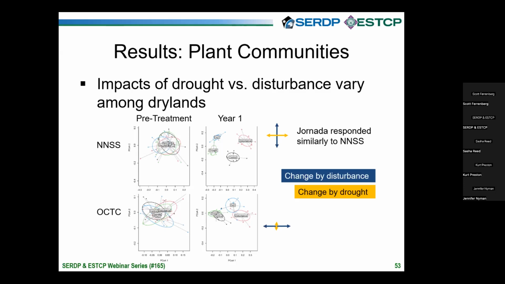We did this before we ever started our experiment, and I think I was running too fast to say this. The reason I'm showing the pre-treatment is we put a lot of energy into making sure that the plots started out with a set of communities that were very similar. And so we have this shotgun blast of pre-treatment, which shows that we did pretty good at that. And so we didn't have any a priori distinguishing community features amongst the groups that led to the outcomes we're seeing post-treatment.